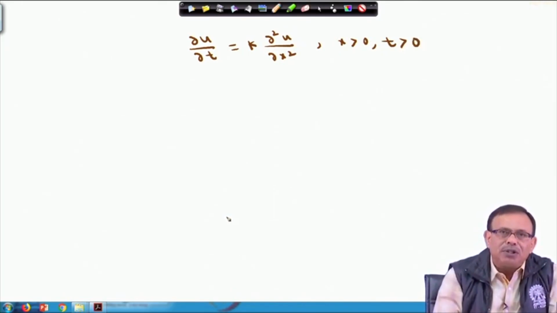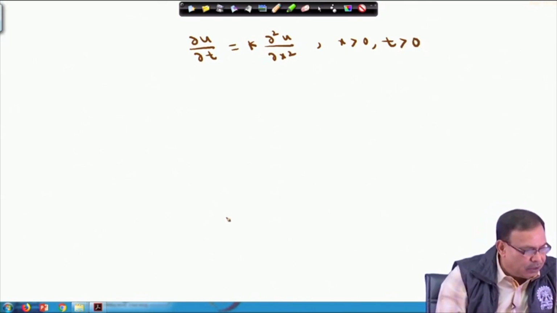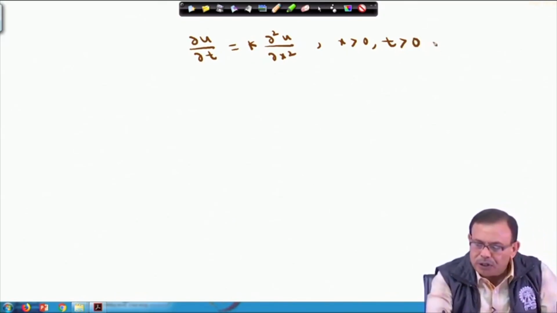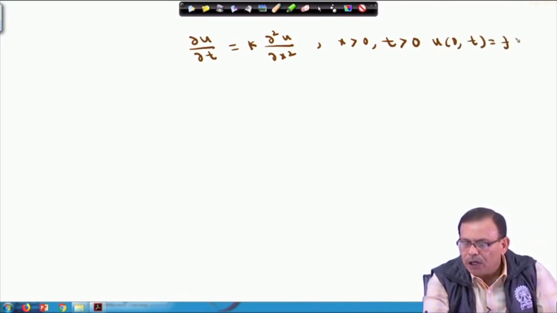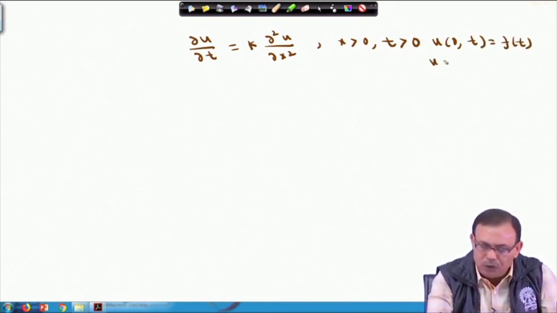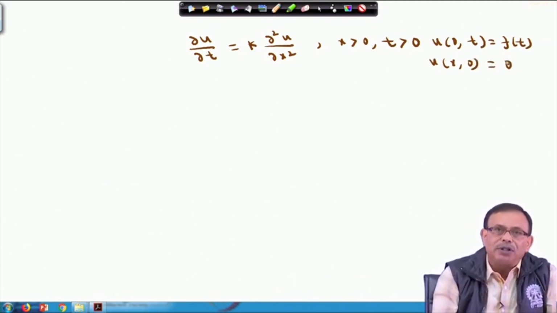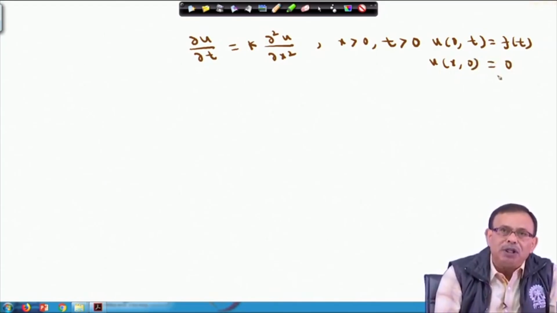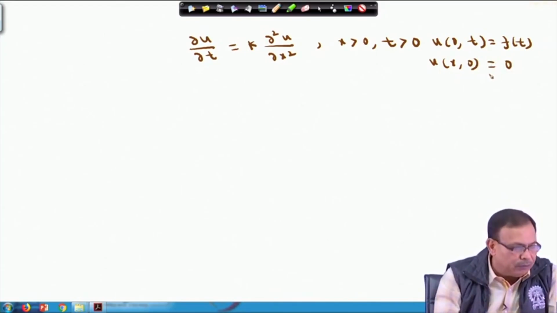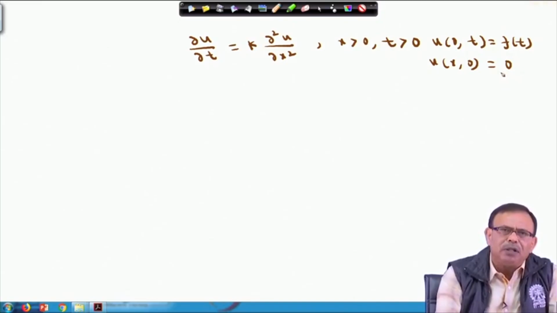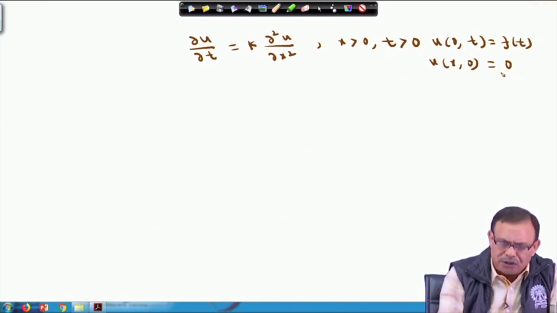The conditions are also given, that is u(0,t) = f(t) for t > 0 and u(x,0) = 0 for x > 0. So, here both the variables have the range from 0 to infinity, and initial conditions are given.